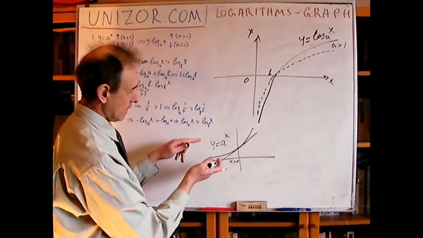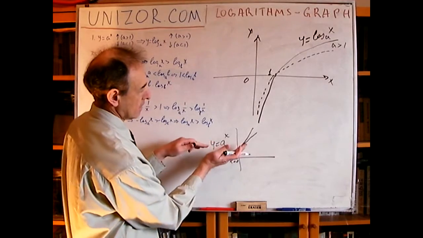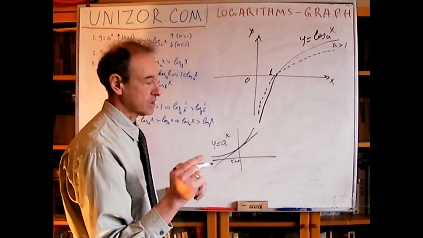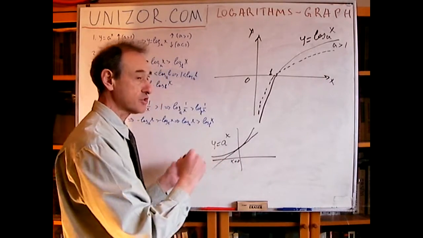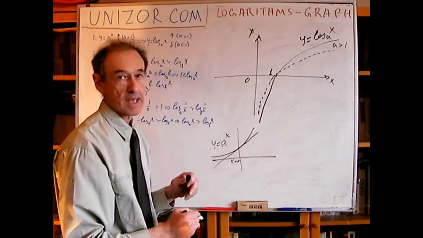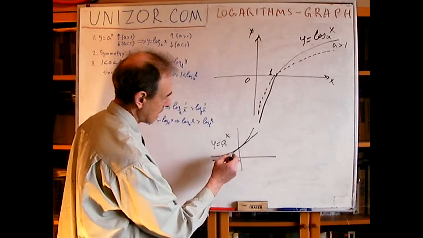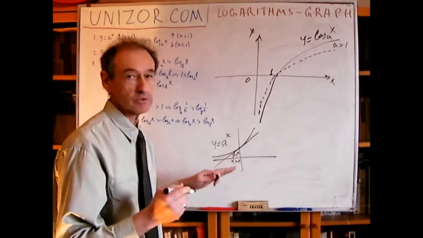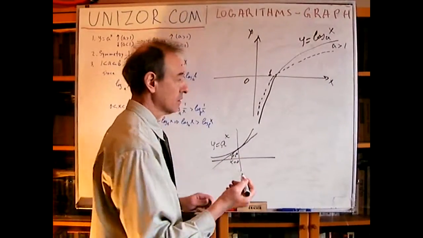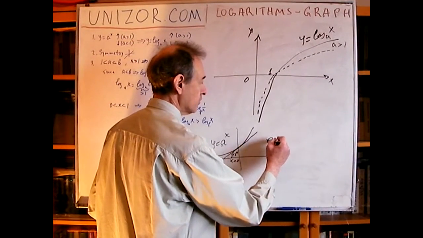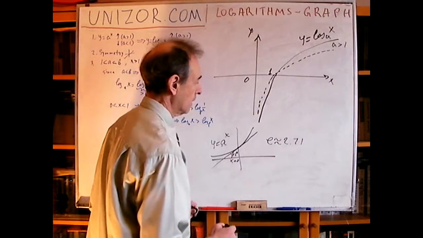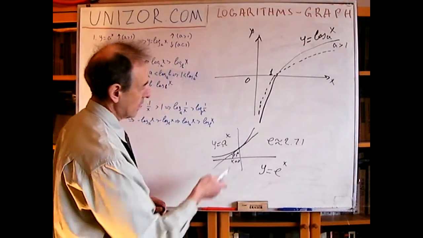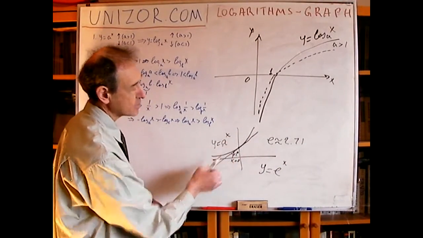The greater the base a, the steeper the graph. And what I also pointed out, that somewhere between the values of 2 and 3 for the base, this particular angle is exactly 45 degrees. Now, the value when it is equal to 45 degrees is actually the irrational number e, which is approximately 2.71. So the graph of the function e to the power of x has this tangent exactly at 45 degrees.